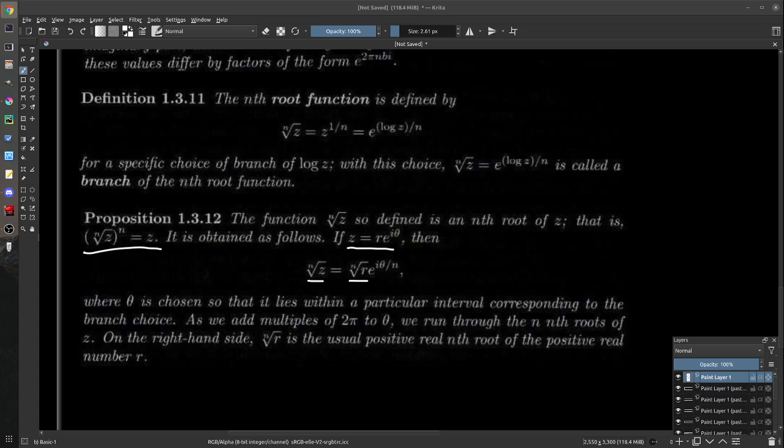The thing to take home is that the familiar properties of real functions that you've worked with your entire mathematical career carry over into the complex plane with some minor caveats. For example, the exponential function is now periodic. That is a big difference from the real case.